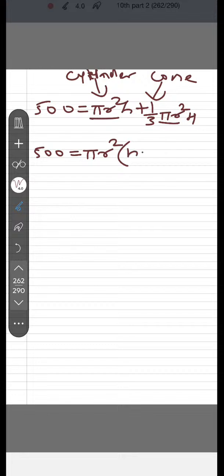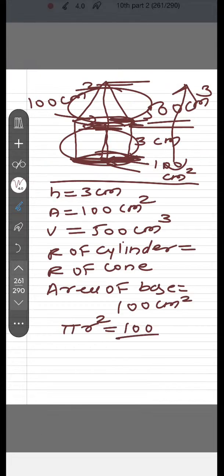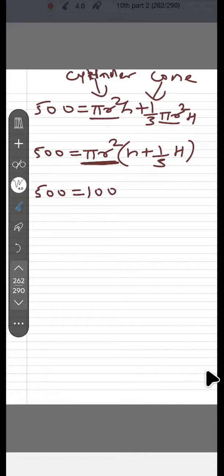So h plus 1 upon 3 h. So 500 is equal to, this pi r square is nothing but what? I have already written, is equal to 100, therefore 100.